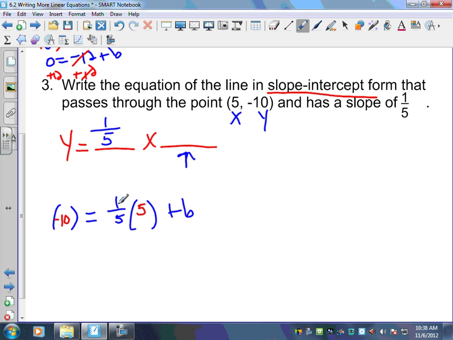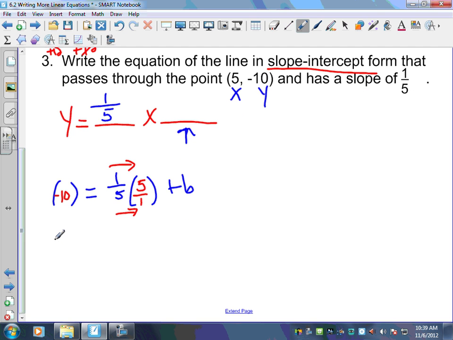Now I have to multiply 1 over 5 times 5. I know you guys don't like multiplying fractions, but it's not difficult. Put your 5 over 1 because I want to multiply things that are the same. These are both fractions. How do you multiply fractions? Well, you go straight across. Okay? You're going to see how easy this is. So I get negative 10 equals 1 times 5 is 5. 5 times 1 is 5 plus b.